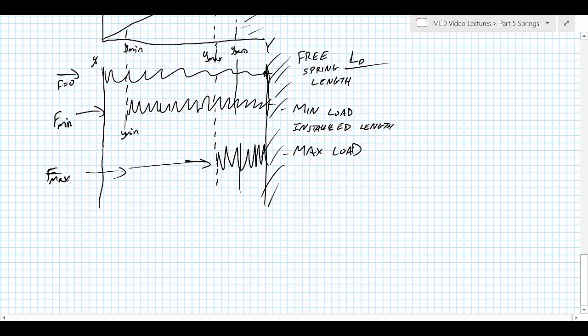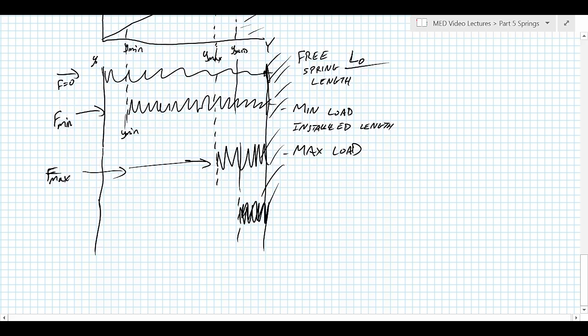So go a little bit further down here, and obviously if we could have a spring, it's now basically a tube. This would be Fs, the force that takes it to go solid, and the length here would be Ls, the solid length, which is going to be a geometry factor, right? Basically the wire diameter times however many coils you have.